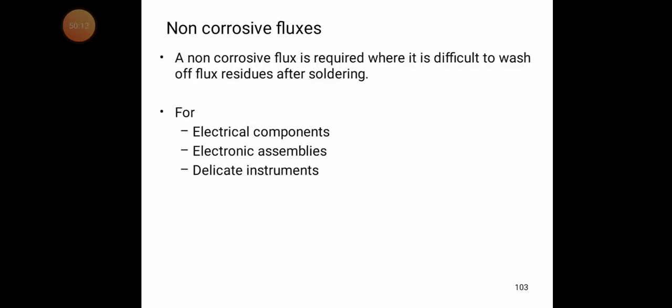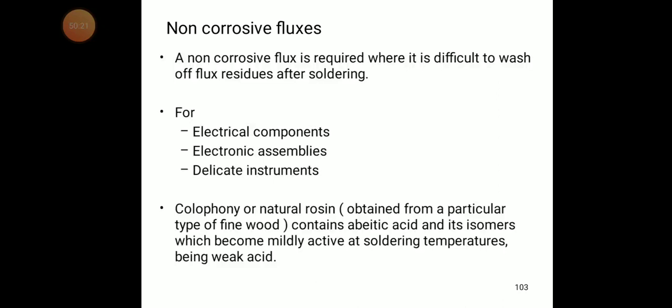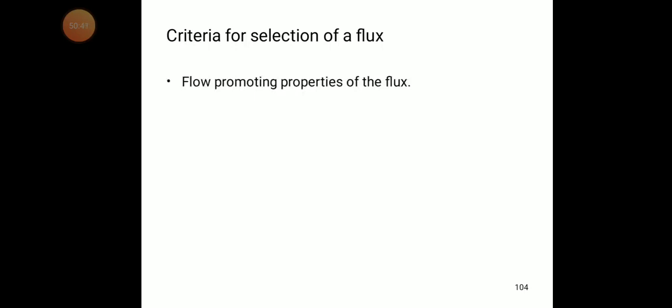That's why we use the non-corrosive fluxes for electrical components, electronic assemblies and delicate instruments. Generally, colophony or natural rosin, obtained from a particular type of pine wood, contains abietic acid and its isomers, which become mildly active at soldering temperature, being a weak acid.